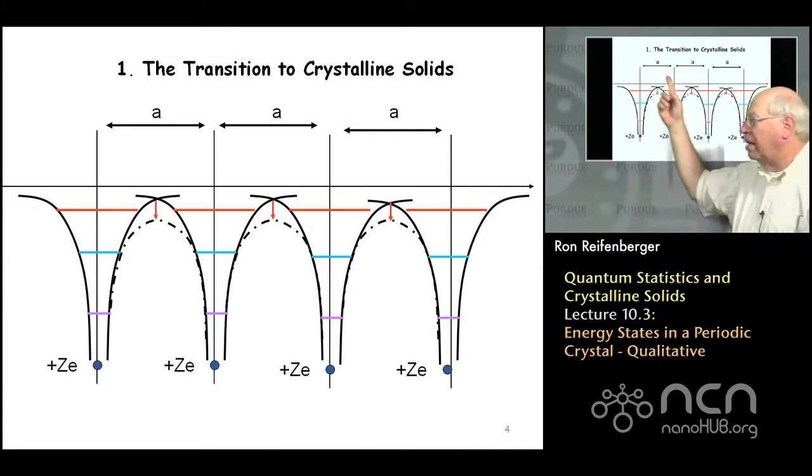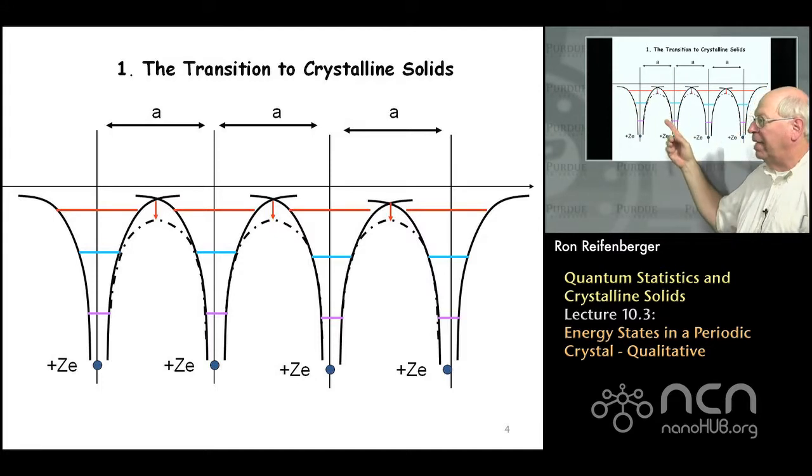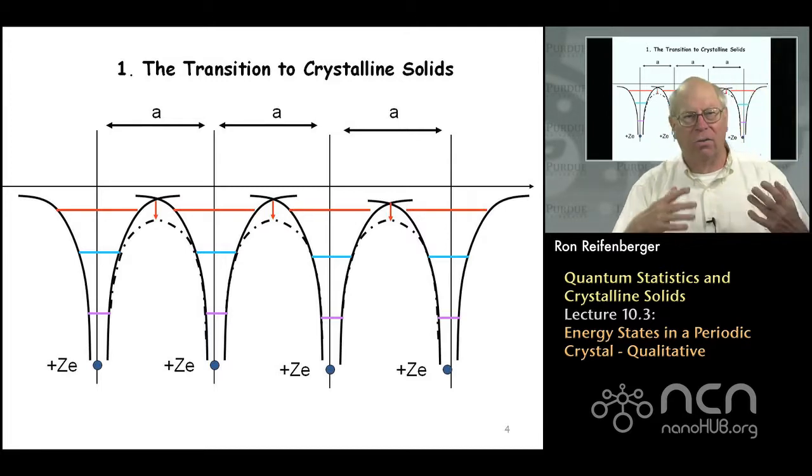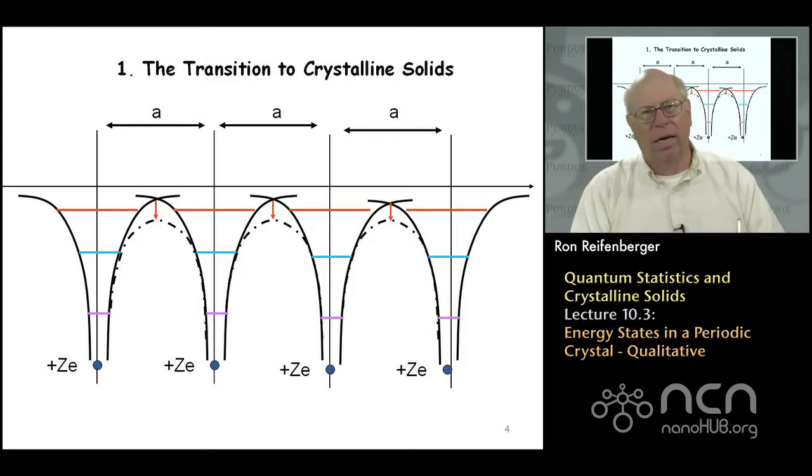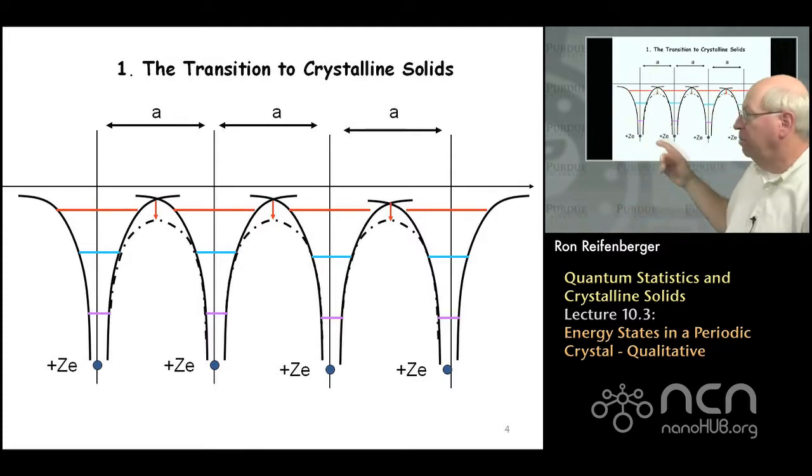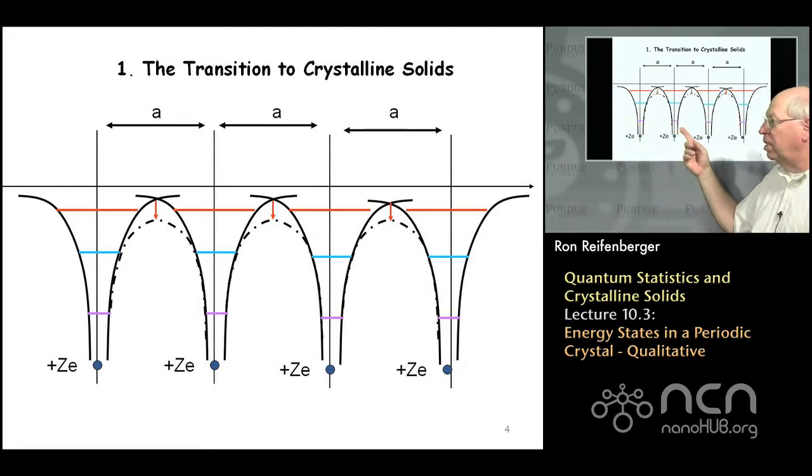It turns out this separation distance A is on the order of a few tenths of a nanometer. And what that simply means is that for most crystalline solids, and in particular for most metals like copper, silver, gold, magnesium, zinc, right? For most of those simple metals, the electrostatic potential energy of one atom starts to overlap with the electrostatic potential energy of the second atom.